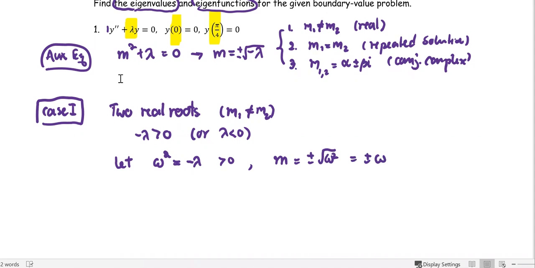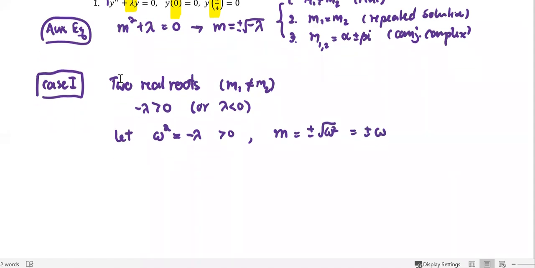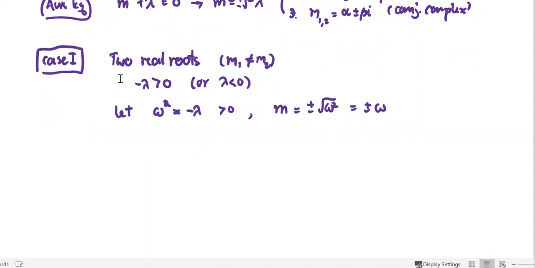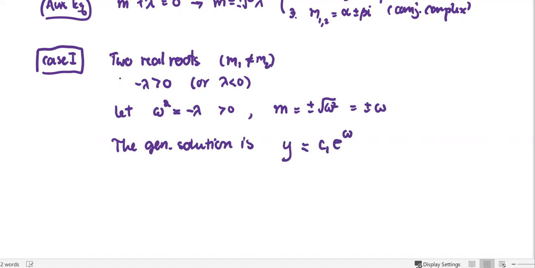Okay, and then from this, we can put together a general solution. So the general solution is, this is about y, y equals C1 e to the omega x plus C2 e to the negative omega x.